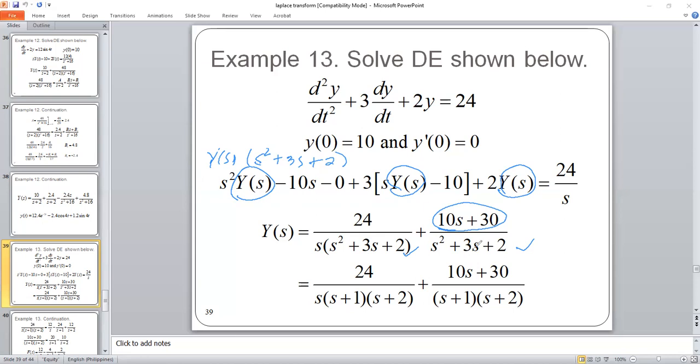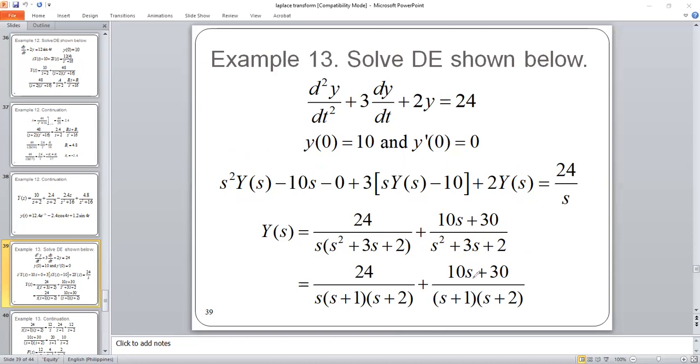When you do the inversion, you check first whether this quadratic factor is factorable, and it is. So it's written like this and like this. This first part is our y of s in the previous example, so we know already its corresponding y of t.